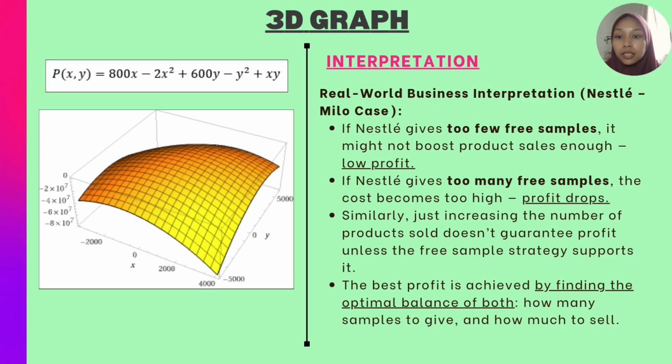Similarly, increasing the number of products sold doesn't guarantee that the company will have a big profit unless the free samples have their own strategy to support it. So the best profit is achieved by finding the optimal balance of both, how many samples to give and how much to sell. They must be connected to each other, and then the company will get the big profit.